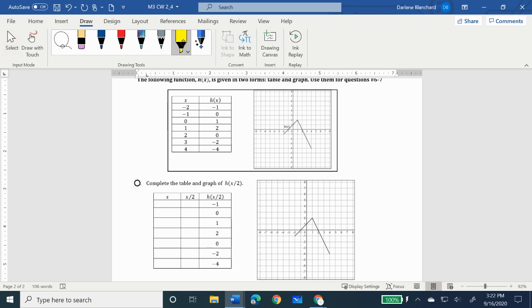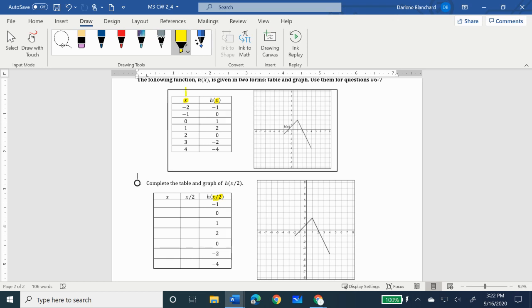What I want you to see this time is we have this same set of y values for h of x. Like before, we have the issue of, in this table, x over 2 is coming in to find out what h will grant it. Whereas up here in this table, x is the one who walks in and h looks at x and gives it a y.